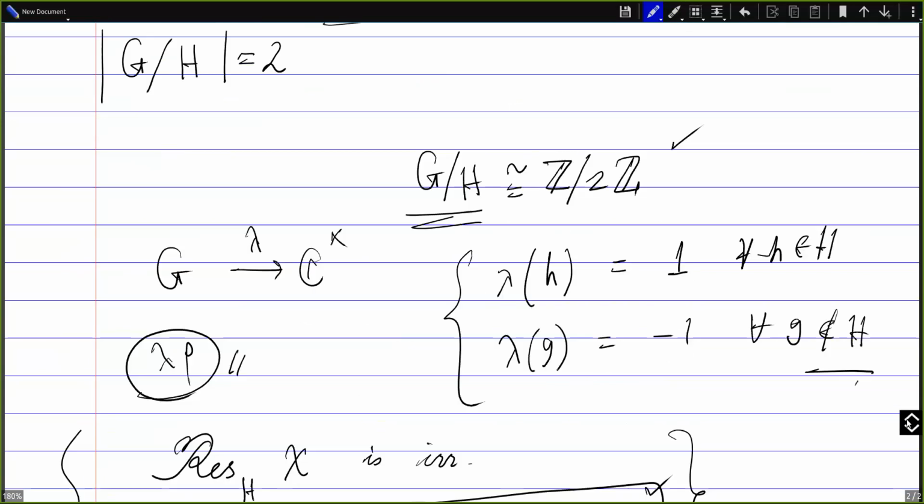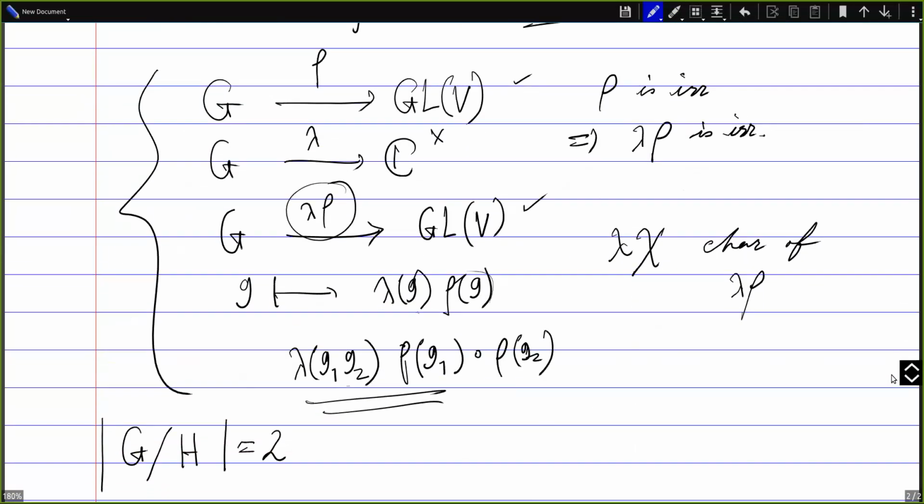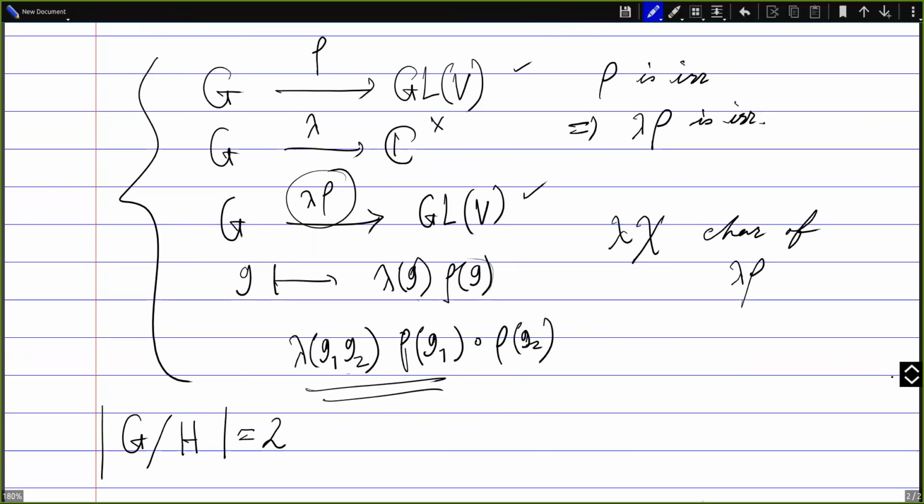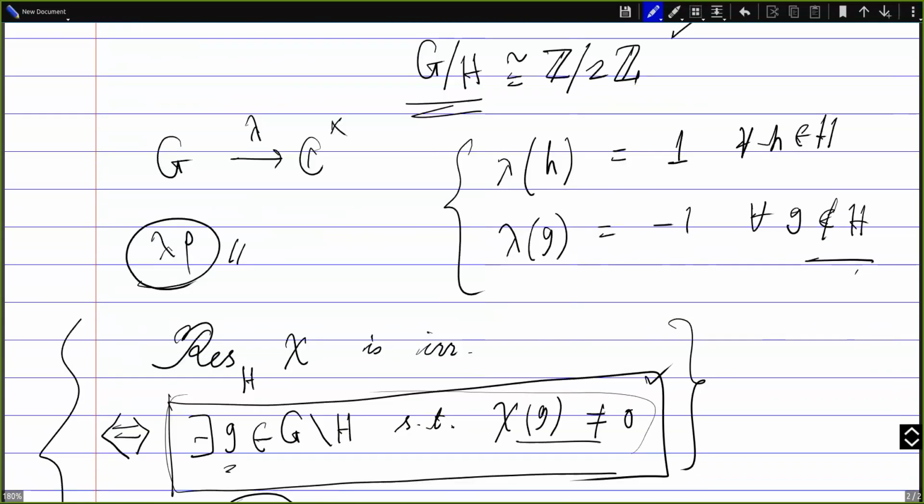Before I stop, let me make a remark here. Try to understand this case, for any representation rho, in the context where you have a normal subgroup of index 2. First of all, when you restrict both representations to H, what you get is exactly the same.